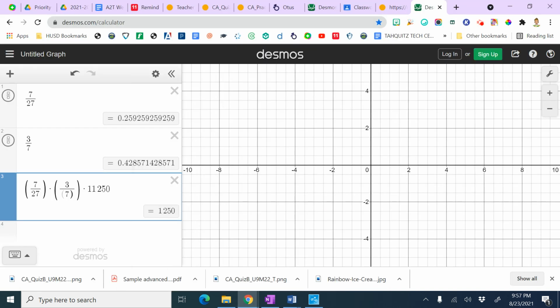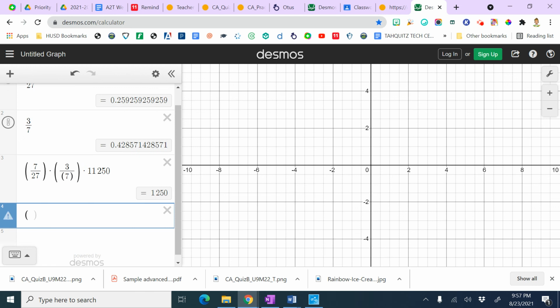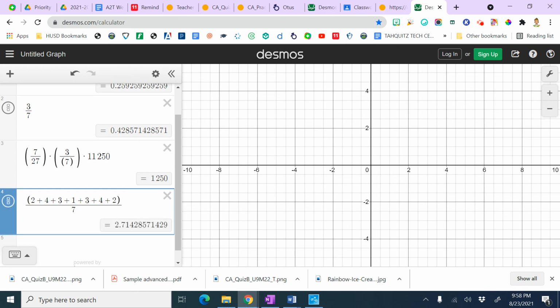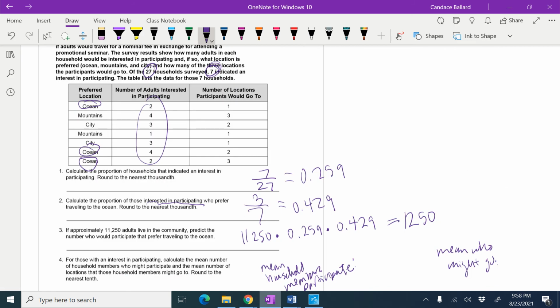So I'm going to use a parentheses, and I'm going to go 2 plus 4 plus 3 plus 1 plus 3 plus 4 plus 2. And then I'm going to divide by the total, which is 7. So I end up with 2.714 for that mean.